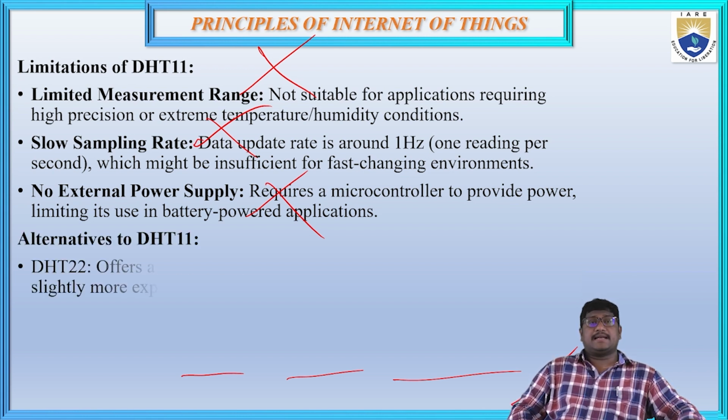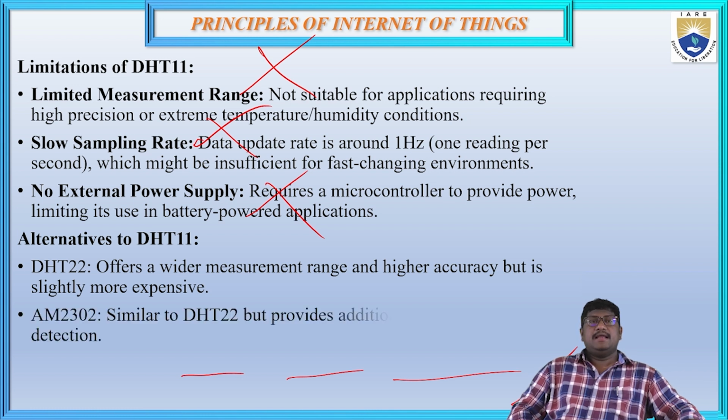And what are the alternatives? DHT22 and AM2302. These are the two alternatives for the DHT11 sensor. DHT22 is going to offer you a wide measurement range and high accuracy compared to the DHT11, but it is more expensive.